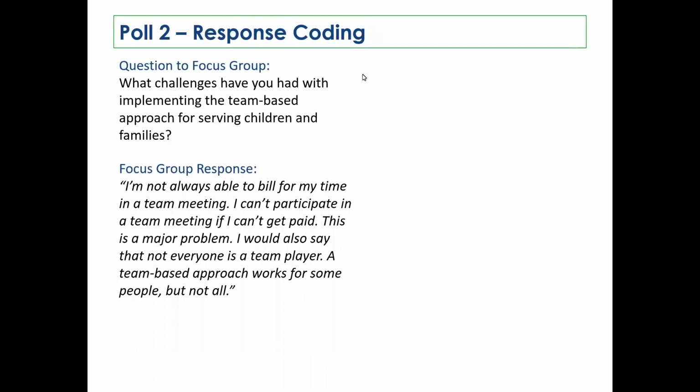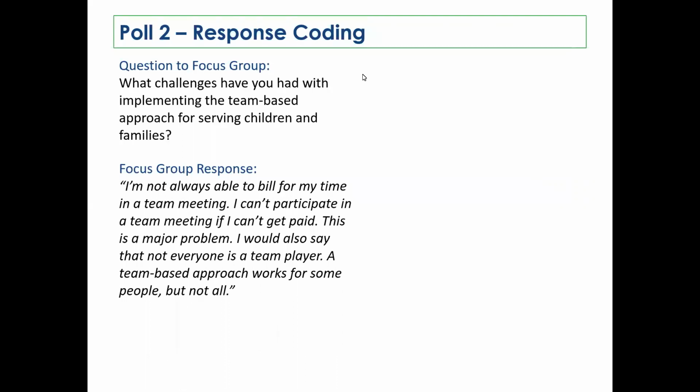So read the quote, the focus group response, and because there's a couple people on the phone, I'm going to read it out loud, and then you can think about which code. So the quote from the focus group is, "I'm not always able to bill for my time in a team meeting. I can't participate in a team meeting if I can't get paid.